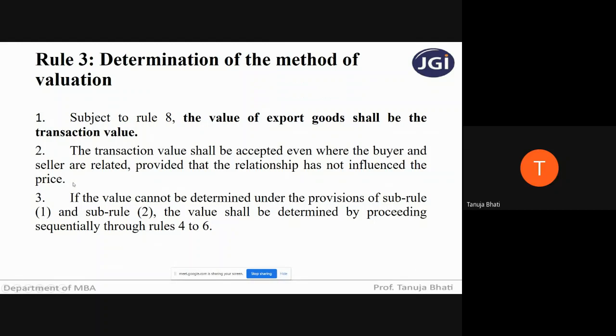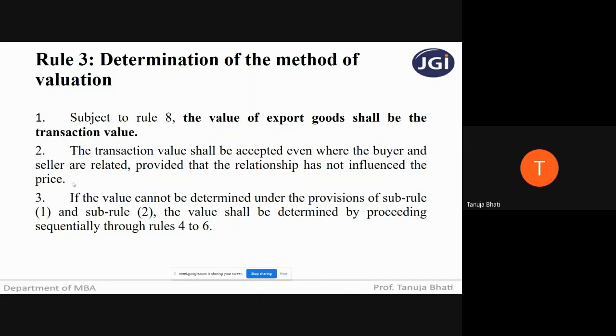So, students, in case of imports, we have seen that the assessable value cannot be accepted as transaction value if the buyer and seller are related. But in case of exports, you can take the assessable value as the transaction value even if the buyer and seller are related.